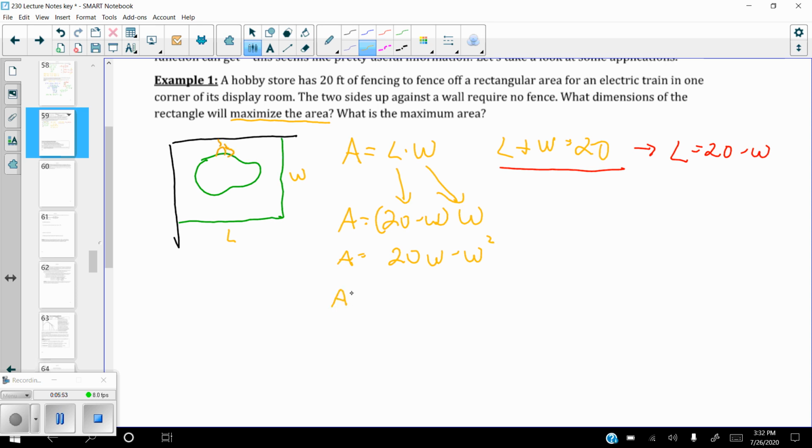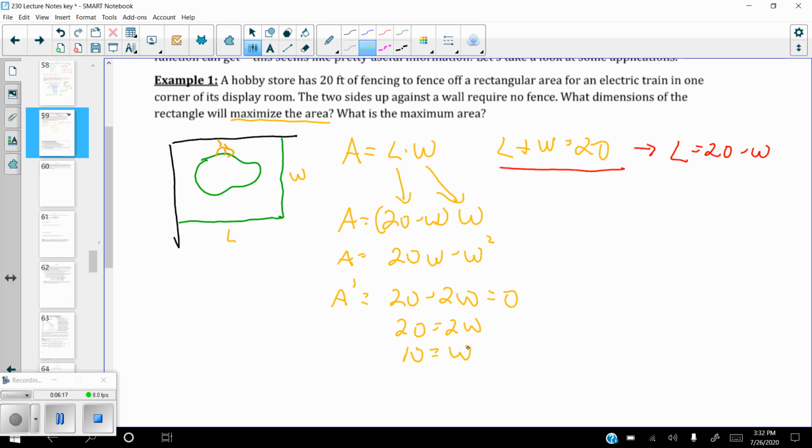So the area prime is going to be 20 minus 2W. And I need to set that equal to 0 to find its critical value. So then we'll solve that for W. We're going to get that 20 equals 2W, adding 2W to both sides. And then we'll divide by 2, so we get that 10 equals W.